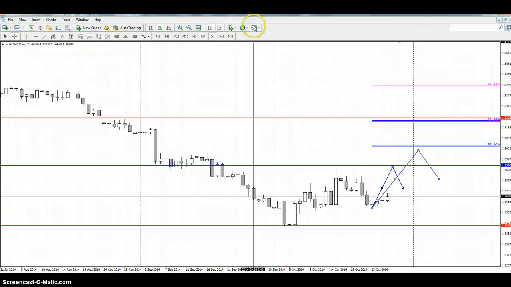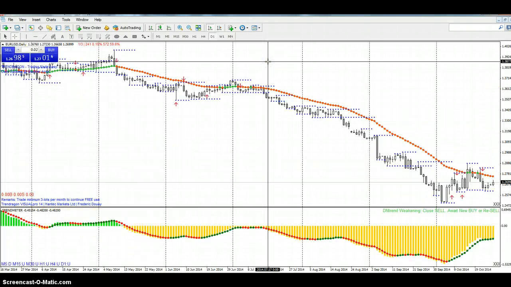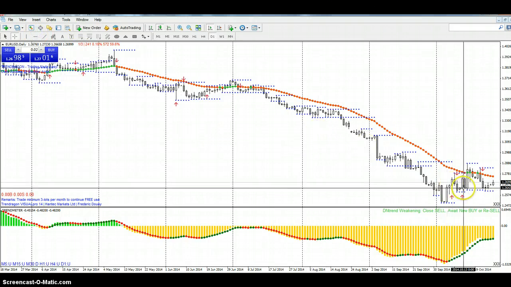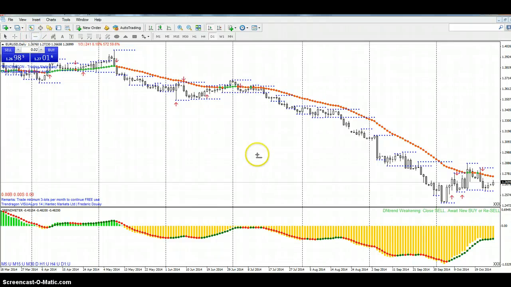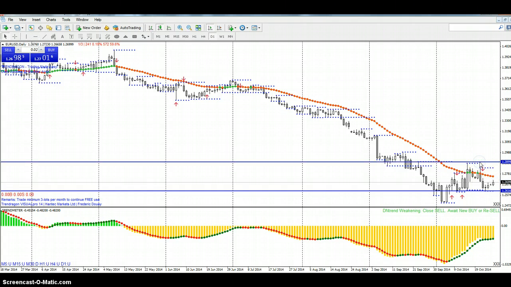Okay, so let's see if we can confirm that with Trend Dragon. If we look at Trend Dragon, basically the entry that we would have would be here for the short side, and on the long side, to be safe, well, there are a couple entries possible.